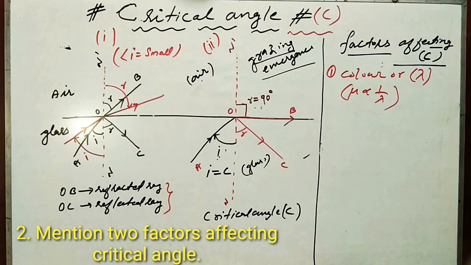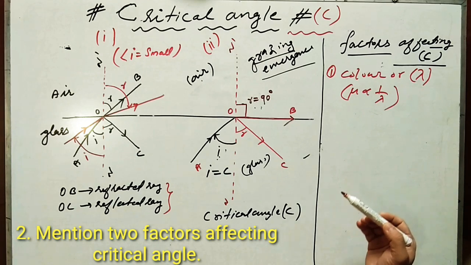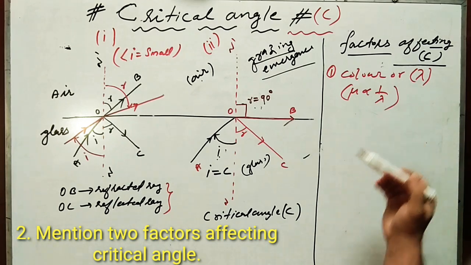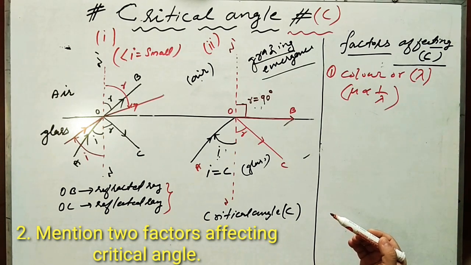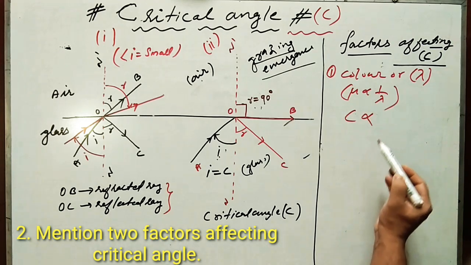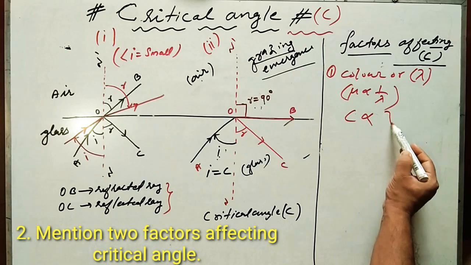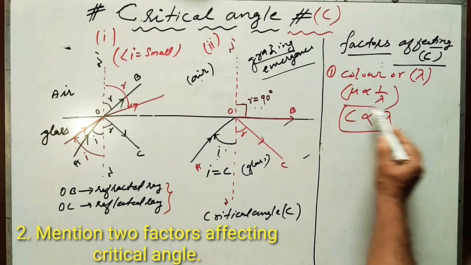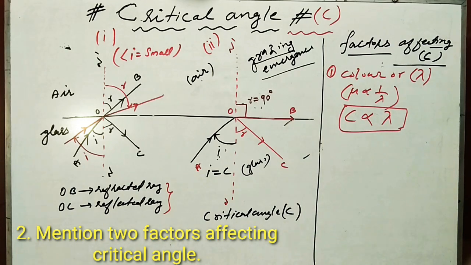Therefore I can say that the critical angle for a pair of media is least for violet light and the most for red light. Alright, so the critical angle increases with increase in wavelength of the light. The critical angle is directly proportional to wavelength of the light.